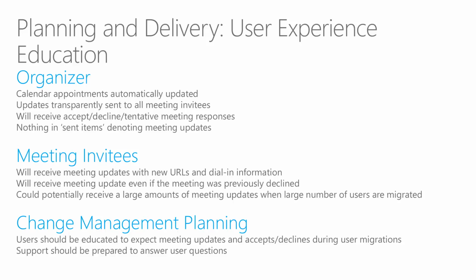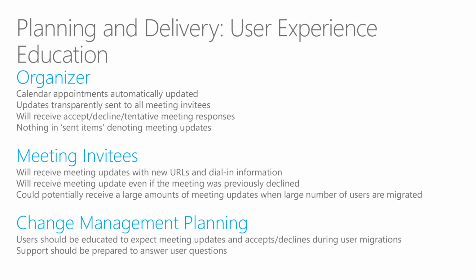The organizer, who is the one that is having the change made on their account, will see their calendar appointments automatically updated. They don't have to do anything if they've been triggered by the meeting migration service. The updates to their meeting invites will transparently be sent to all of the attendees. There's nothing they have to do.